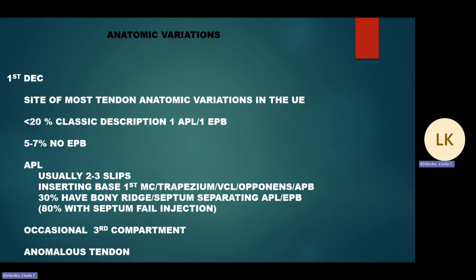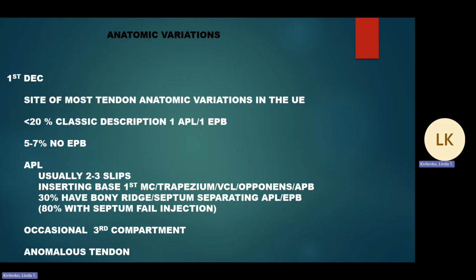30% of patients are felt to have a bony ridge and/or septum separating the APL and EPB tendons, and it's felt that up to 80% of those patients who have septation will fail injection due to inability of the steroid to access the EPB sheath.